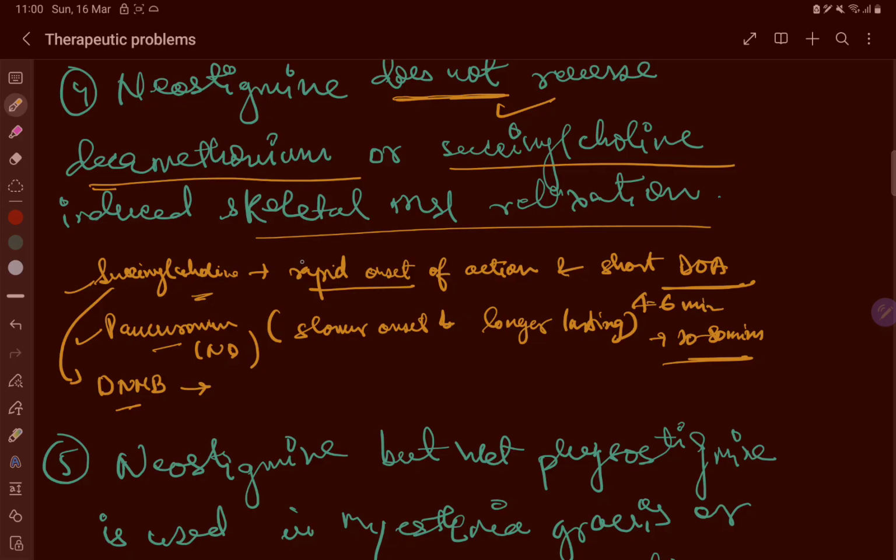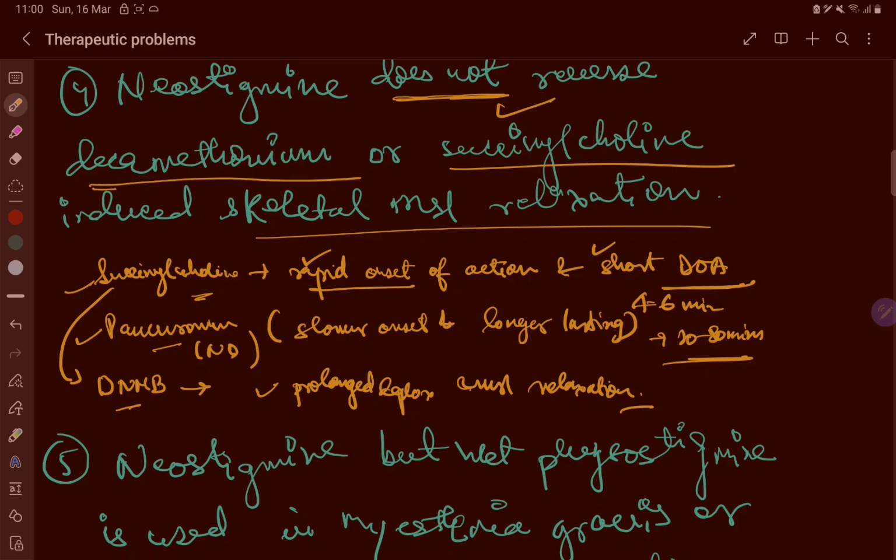So succinylcholine has a rapid onset of action and short duration, right? And what does succinylcholine do? It works by persistently activating the nicotinic acetylcholine receptor, causing prolonged depolarization and muscle relaxation, which cannot be reversed by neostigmine.